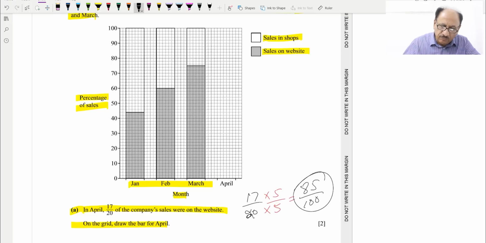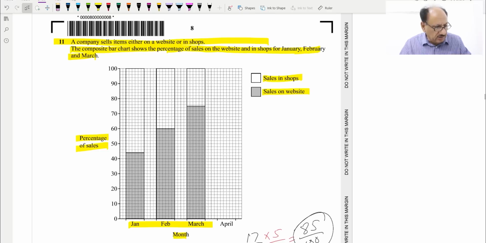Now this is the ratio which we can use and draw. Up to 85 will be what? Up to 85. So let me check. 85 will be up to this one. I'm just trying to be as accurate as possible.